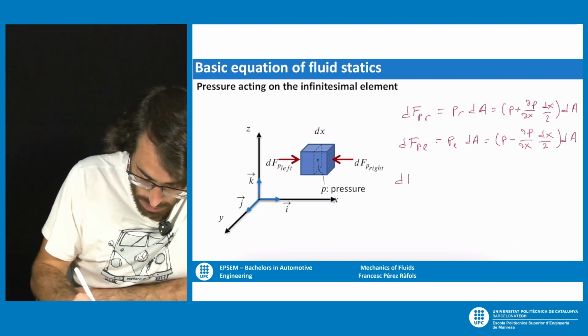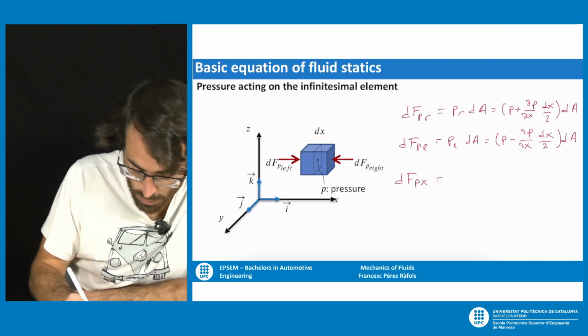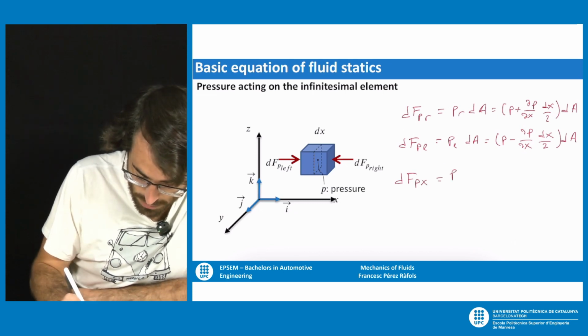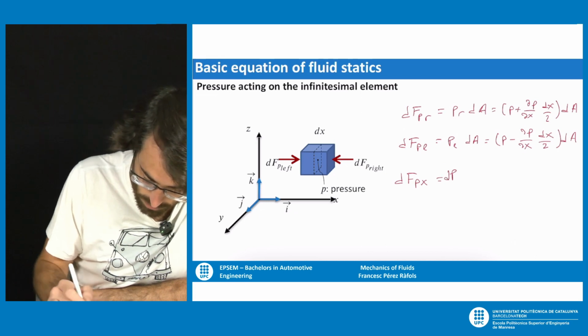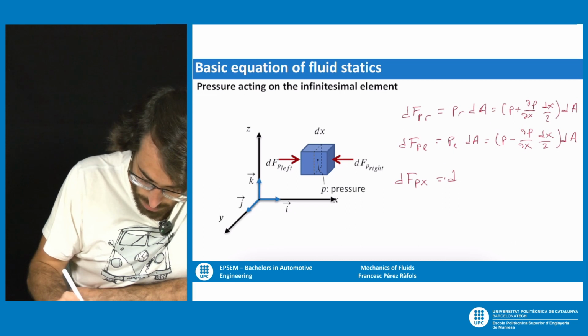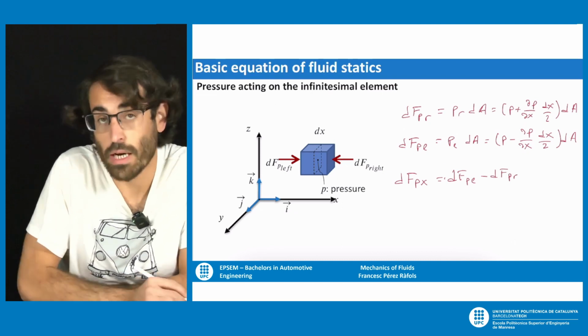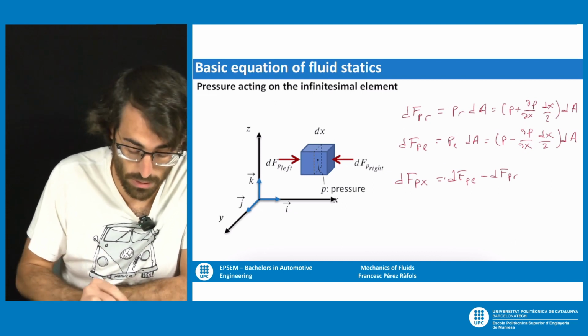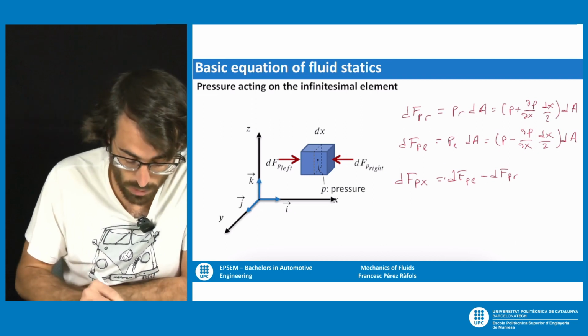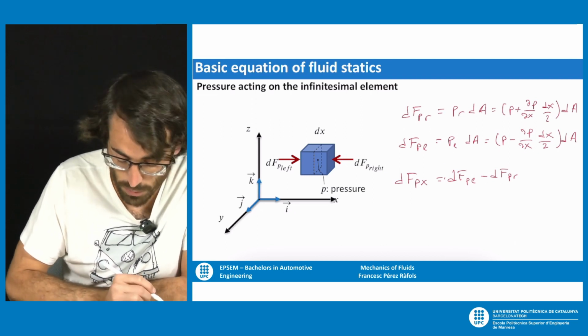And so, of course, the total force in the x direction will be dFP left minus dFP right, where of course the right one is with a minus sign because it's pointing towards the left, and x is defined positive towards the right.